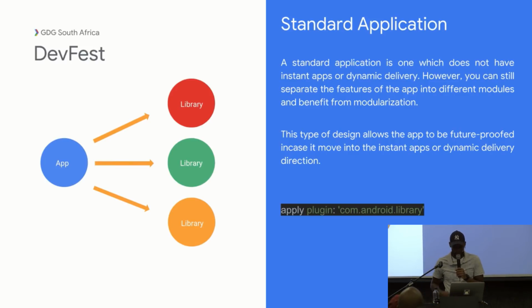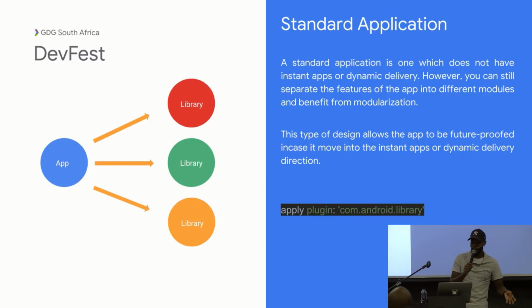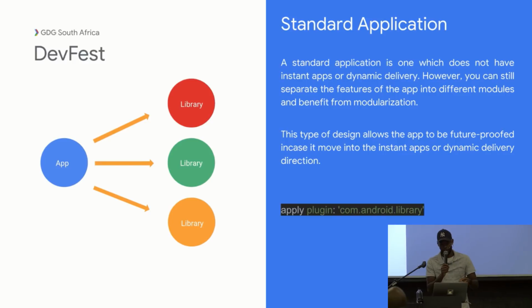However, you can still separate the features of the app into different modules and benefit from modularization. And this is what we spoke about on the previous slide, whereby you can pull out certain features of the application into the core modules.